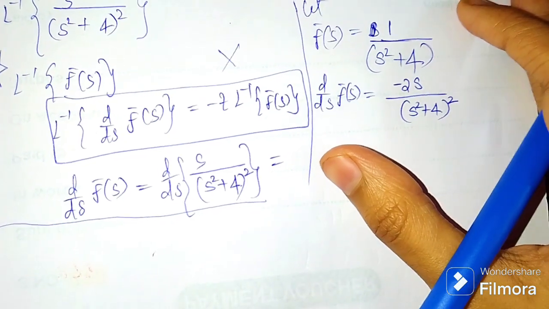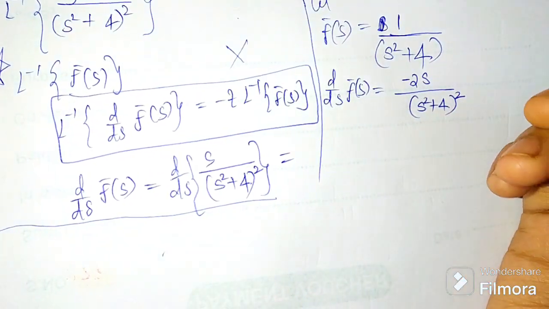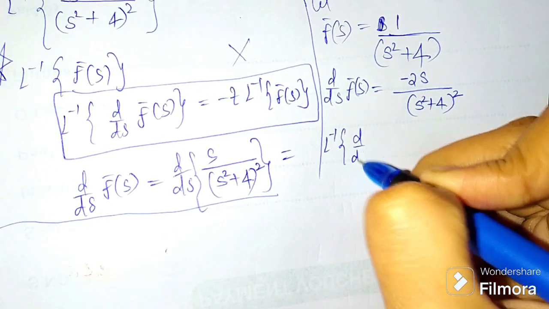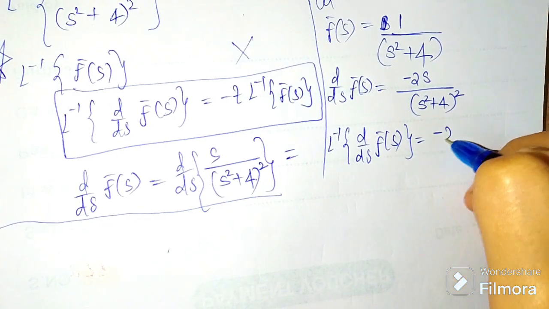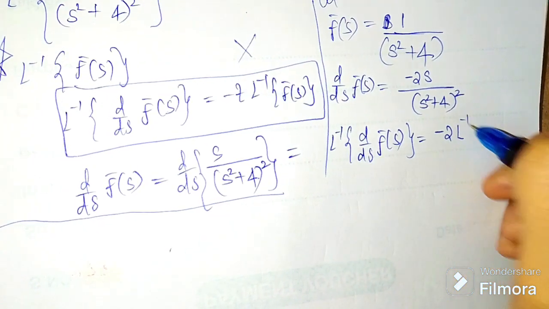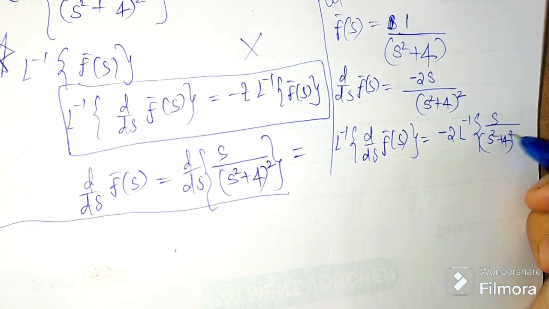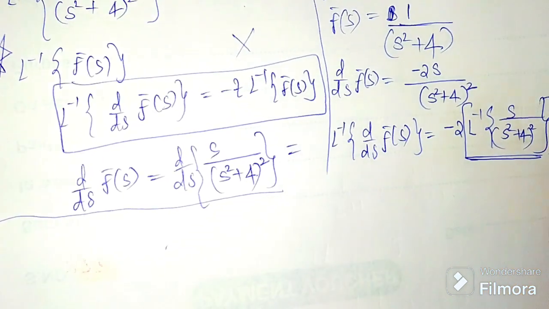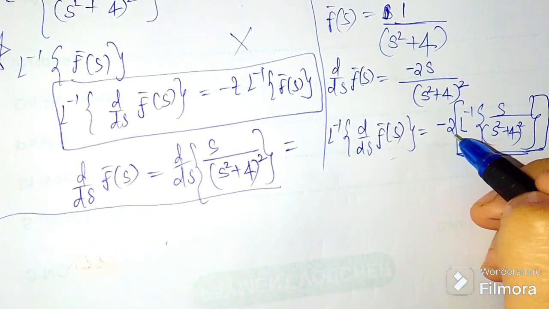So now what we will do, we'll apply Laplace inverse on both sides. That will be minus 2 Laplace inverse of s by s square plus 4 whole square. So this is your question now. This part is your question, isn't it? Then the answer will be divided by minus 2.